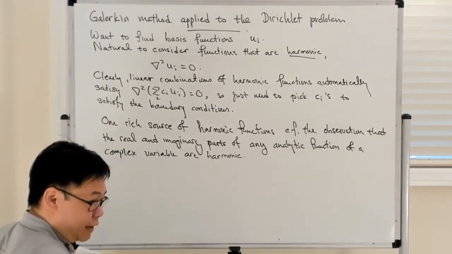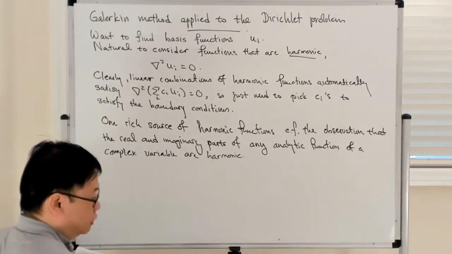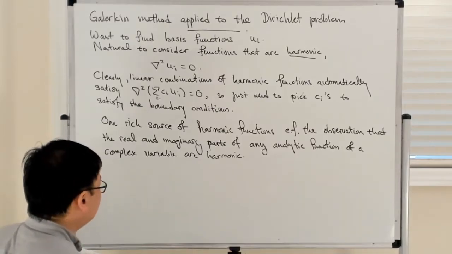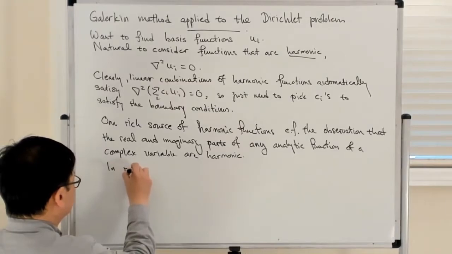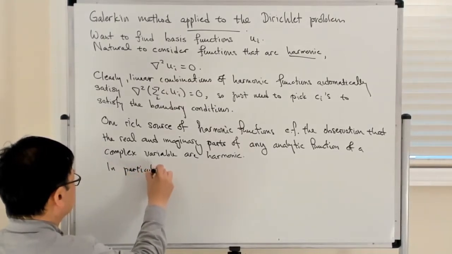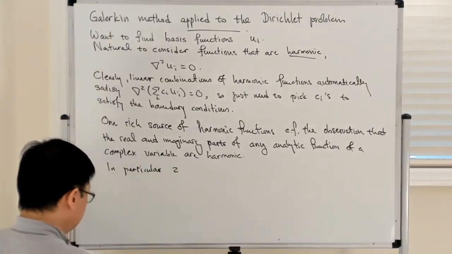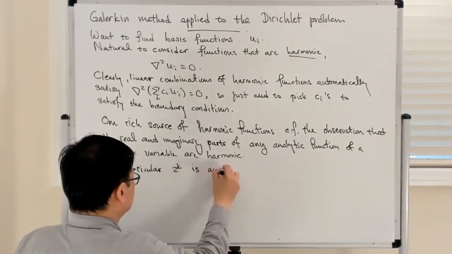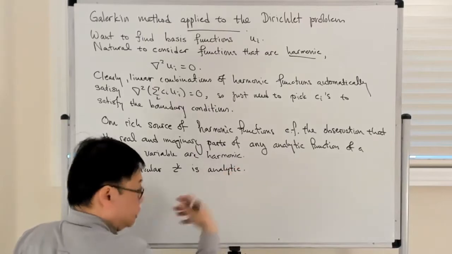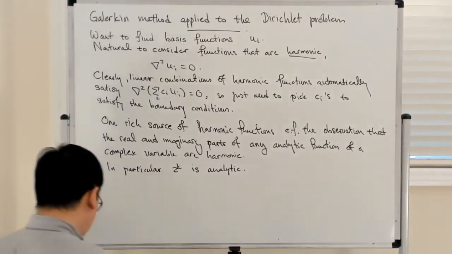Easy examples of analytic functions of complex variables include just the powers of a complex variable. So in particular, z to the k is analytic. So let's look at powers of z.